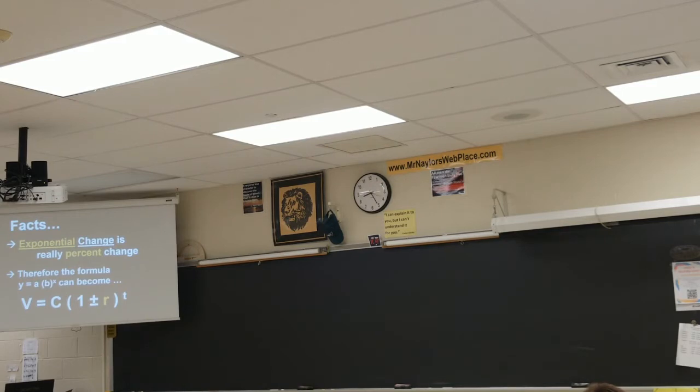Even though it's a new version, there's really only one piece that has been expanded. I hope you notice as you jot down that what's inside the parentheses has been expanded to be 1 plus or minus r. Look at those parentheses. Again, it's been expanded to be 1 plus or minus r.